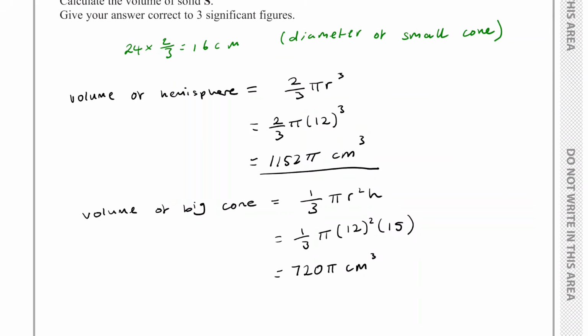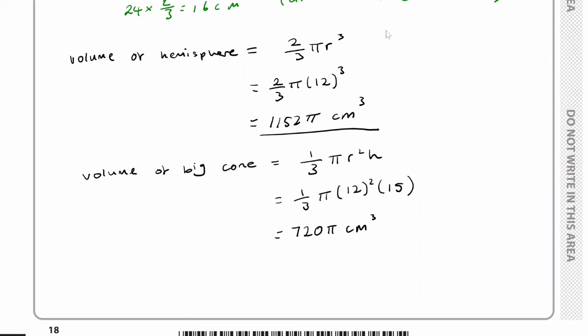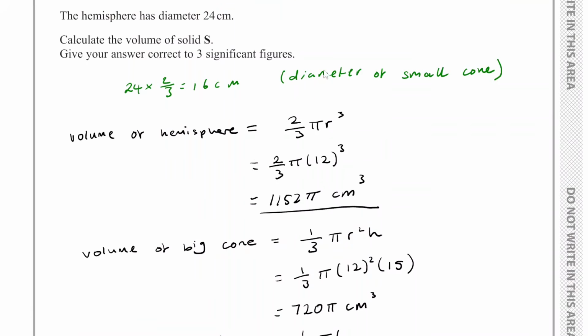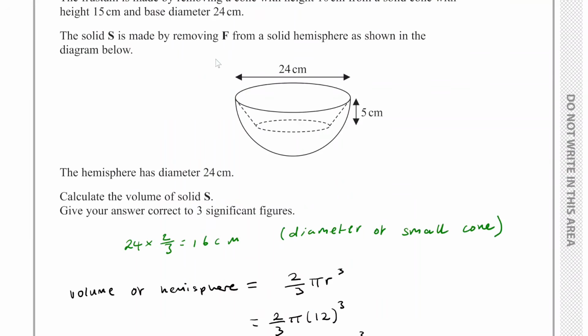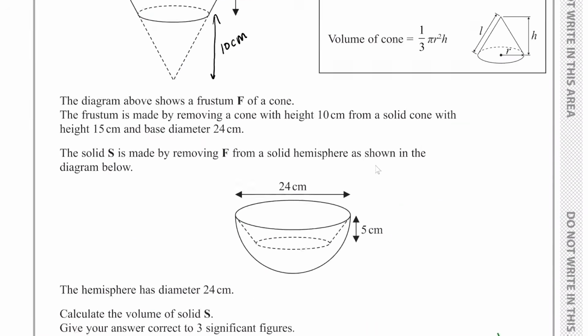Centimeters cubed again. And for the small cone, it's again 1/3 times pi times the radius. So half the diameter, so 8 now. 8 squared times the height. And the small cone has got a height of 10.